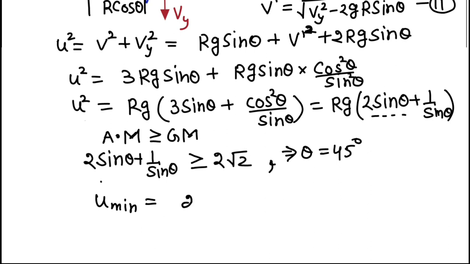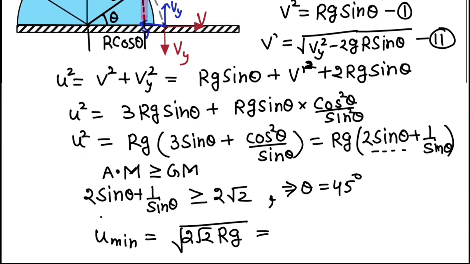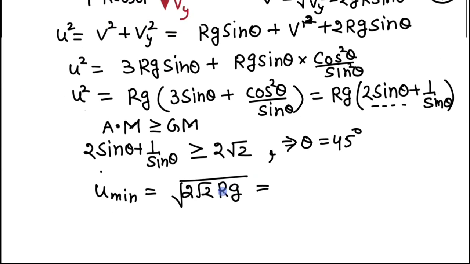So that comes out to be 2 root 2 Rg, whole root, right? So in the initial question, the value of R was given, that is equal to 10 root 2. If we just substitute the value of R as 10 root 2 and g as 10, what we will get here is 2 root 2 into 10 root 2 into 10.